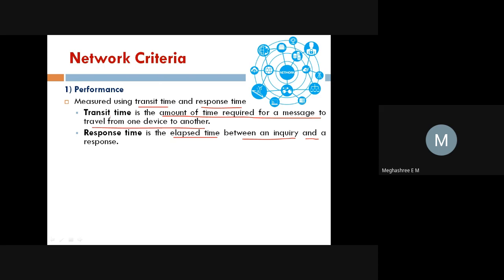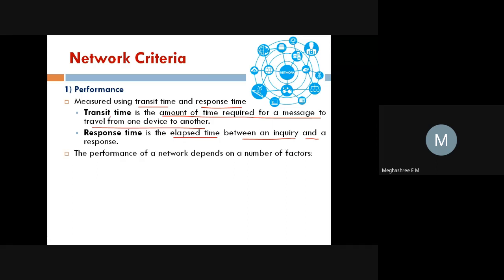So I can say the performance of this class is not good, right? There should be a proper response time and transit time. Altogether, this is the performance of the network. So these two factors decide the performance of the network.